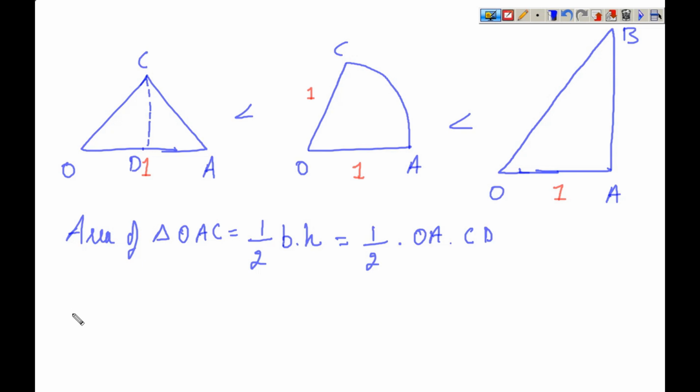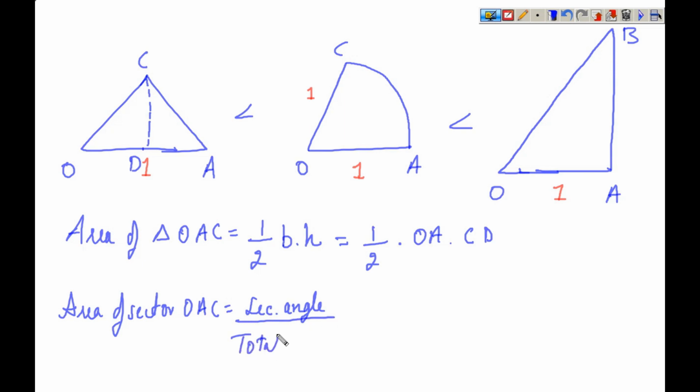Now similarly, area of the sector is given as area of sector OAC is sector angle by total angle times area of the whole circle, that is pi r squared.